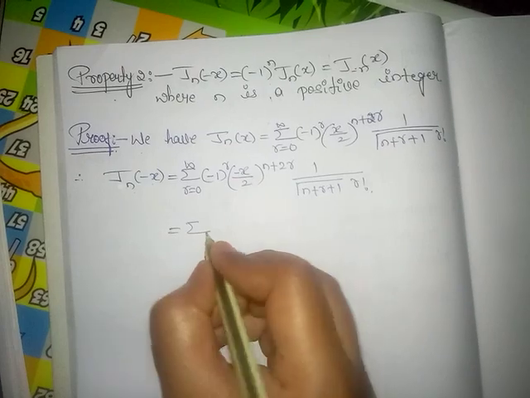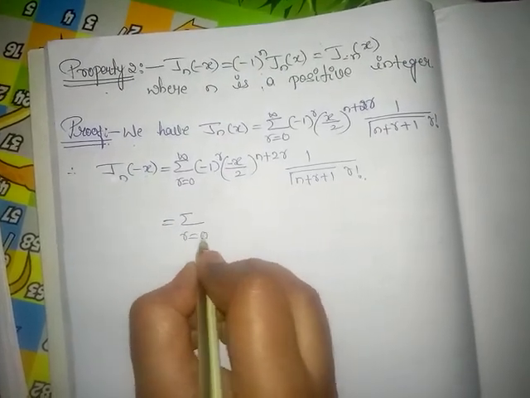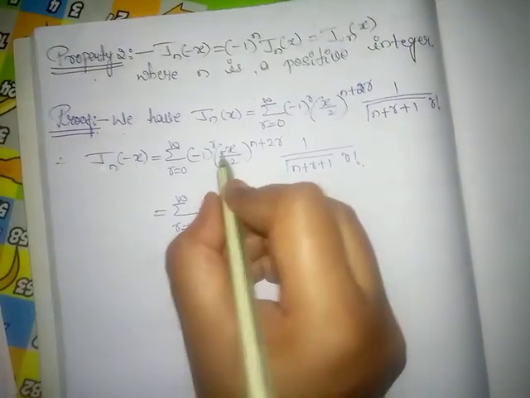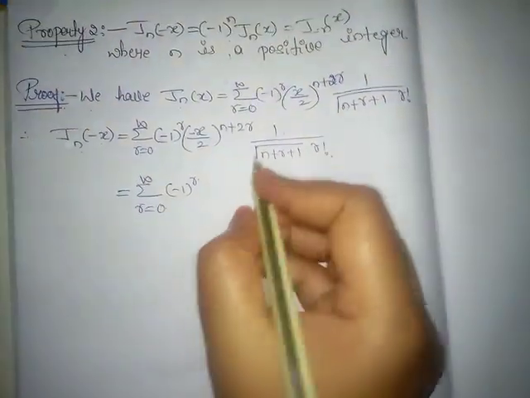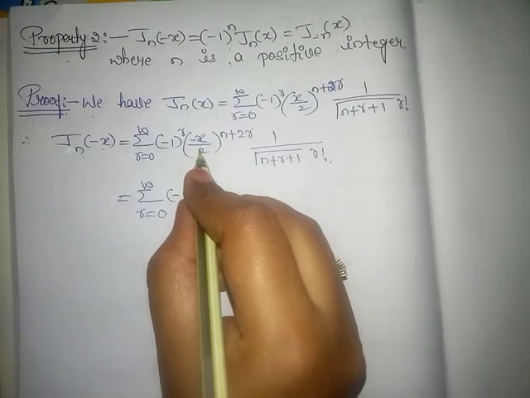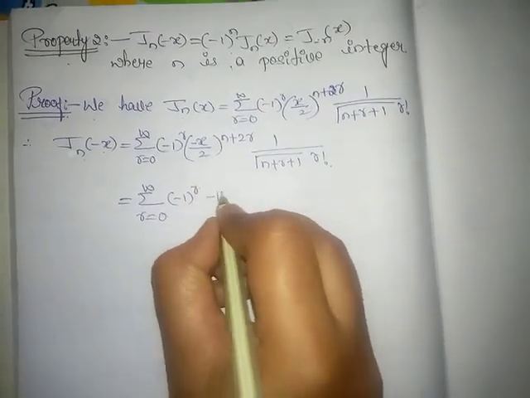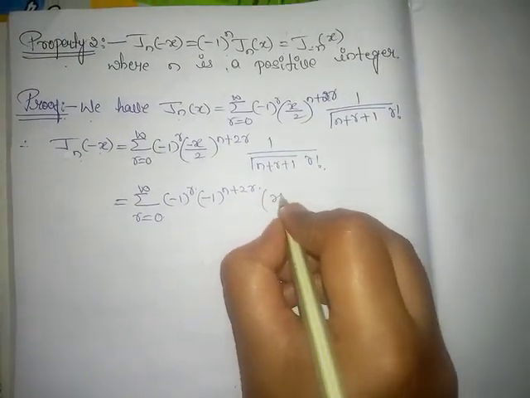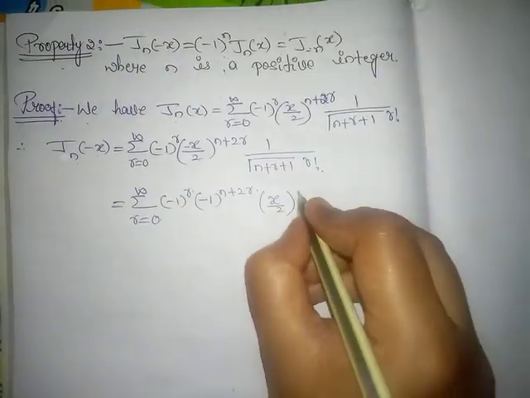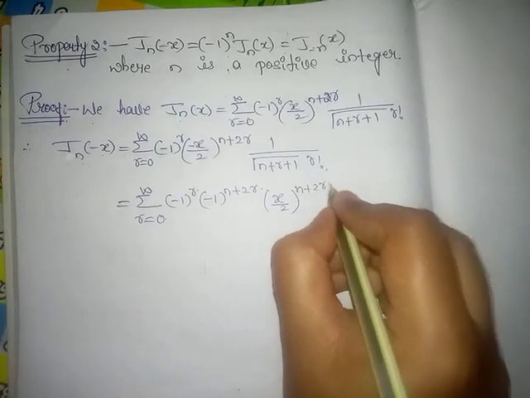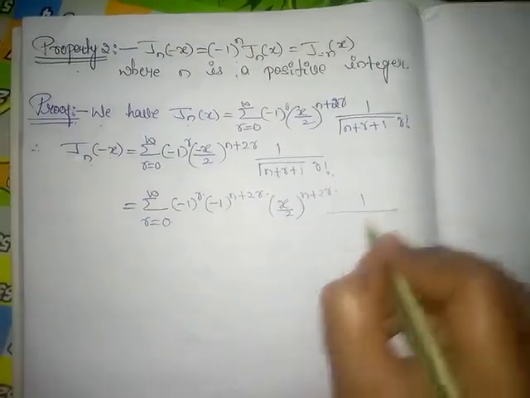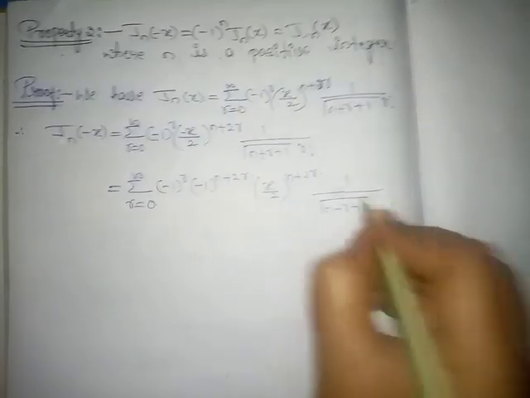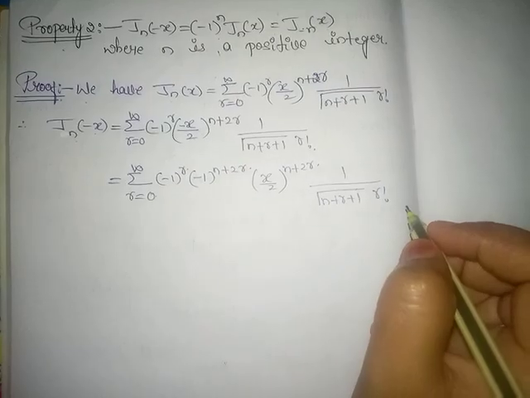Summation r running from 0 to infinity minus 1 raised to r, here we have minus x by 2, so I will take minus 1 outside, minus 1 raised to n plus 2r into x by 2 raised to n plus 2r into 1 divided by gamma of n plus r plus 1 into r factorial.